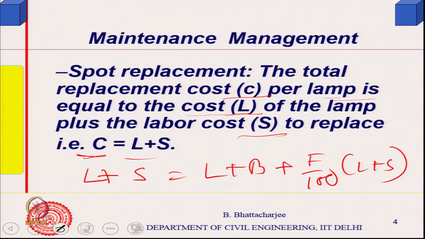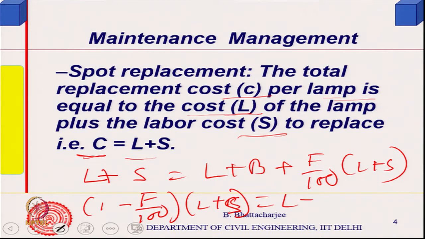So, 1 minus f by 100 into L plus S is equal to L plus B. In other words, 1 minus f by 100 is equal to L plus B by L plus S.